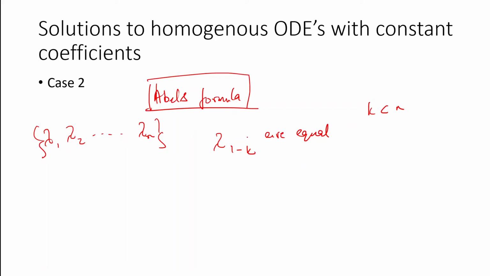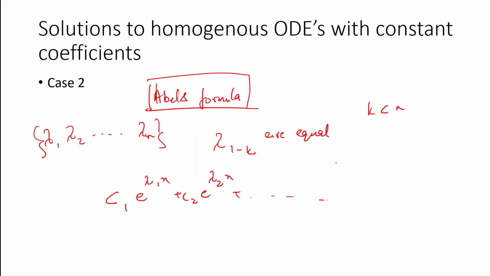Then how do we write the solution? We cannot write c1 e to the power lambda 1x plus c2 e to the power lambda 2x, because it's like just adding them up. If lambda 1 is equal to lambda 2 up to lambda k, when you add them up, all you get is another arbitrary constant. So you will not get any unique solutions. So there is a different way of writing it.